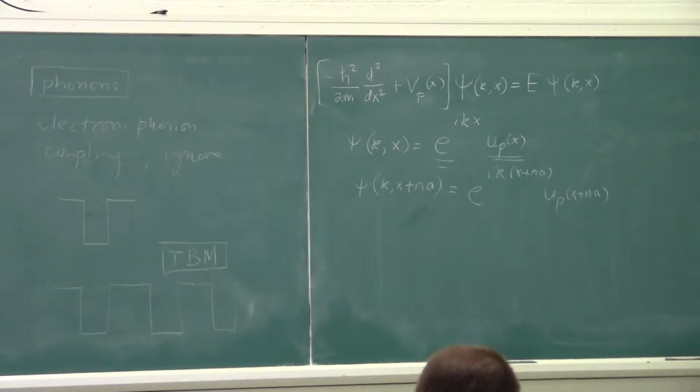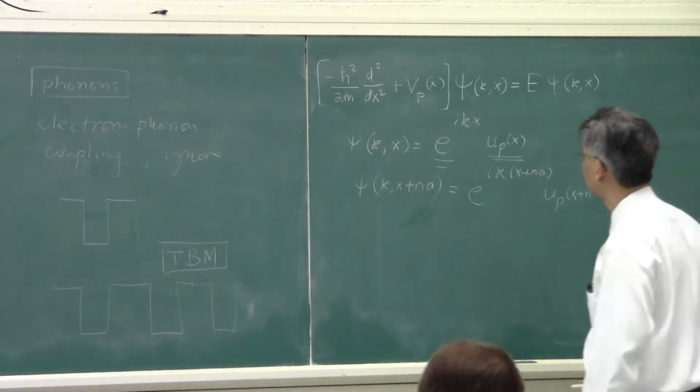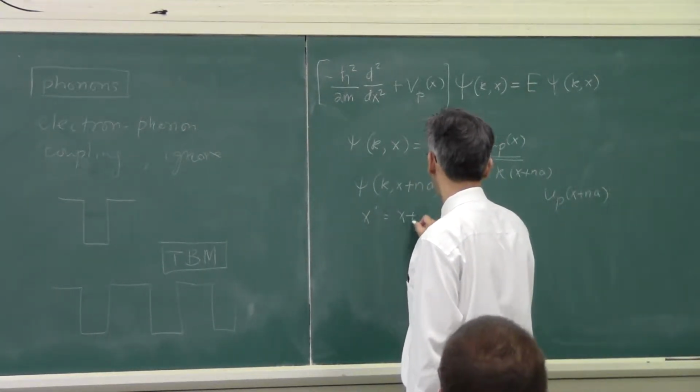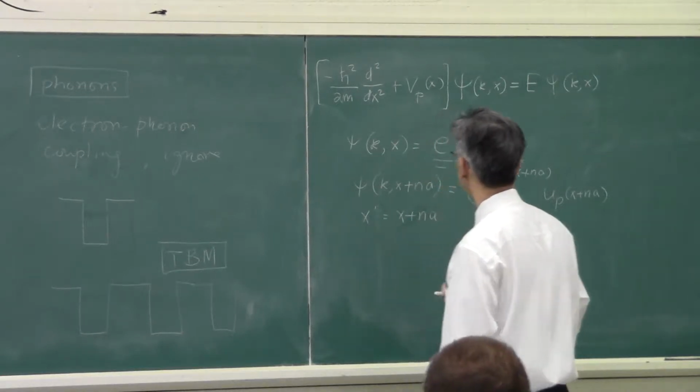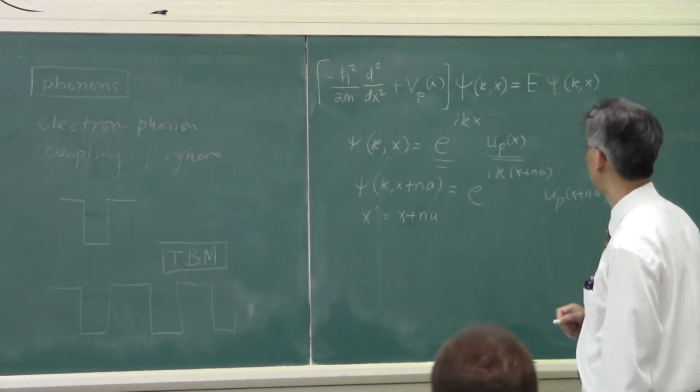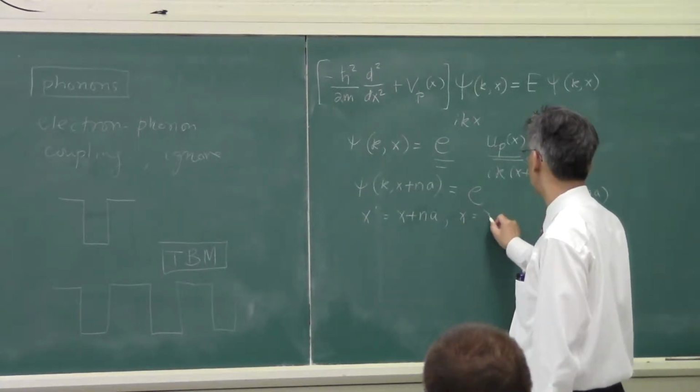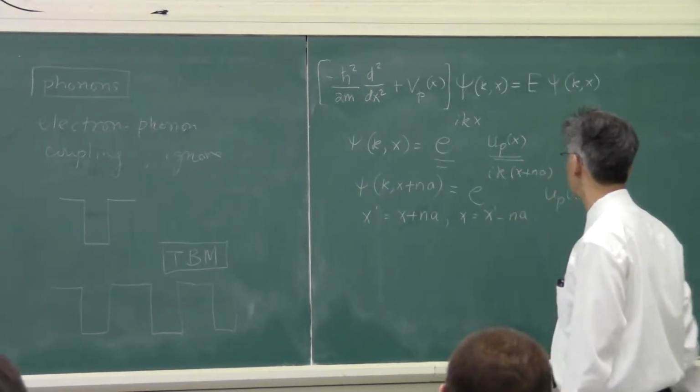And if I were to do that, then I can always say that I can let x prime be equal to x plus na, or x is equal to x prime minus na.